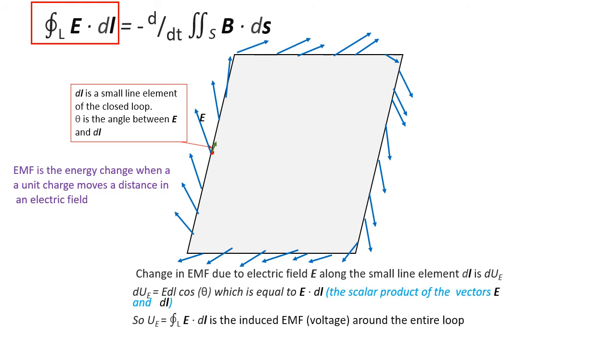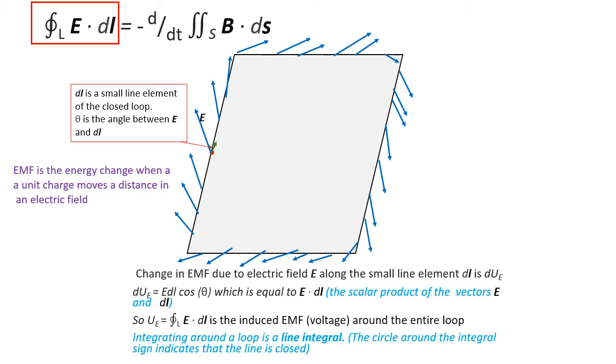If we then sum this up around the entire loop, we end up with something called the induced EMF or voltage around the entire loop. Integrating around the entire loop is known as a line integral, and this value is measured in volts.